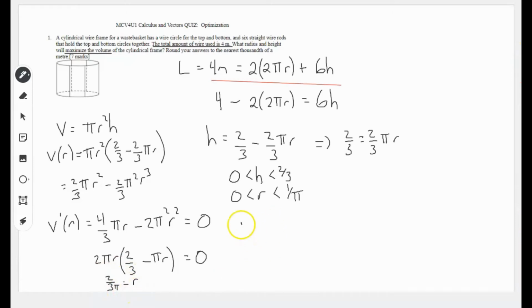If we were to figure out what the volume is when r is 2/3 pi, well, we can substitute that back into our equation for volume.